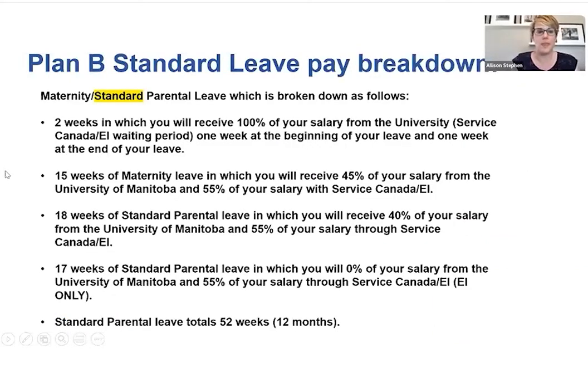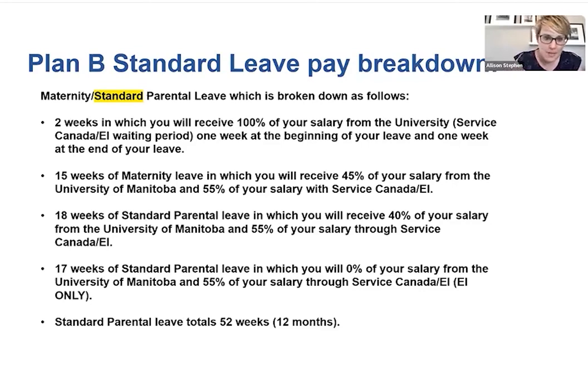So what she would get is, let's say she went from September 1st of this year to August 31st of next year. She would get 2 weeks of full pay, so 100% of her salary. She'd get one at the very beginning of her leave and one at the very end, right before she comes back.